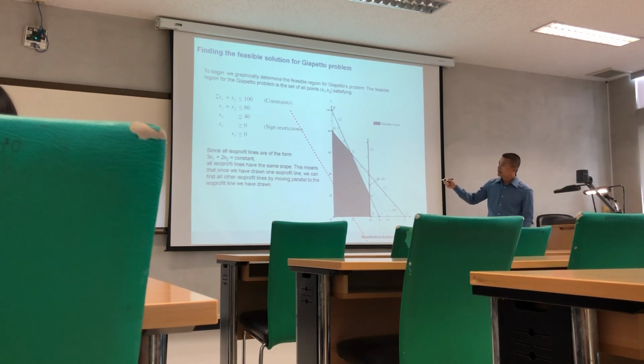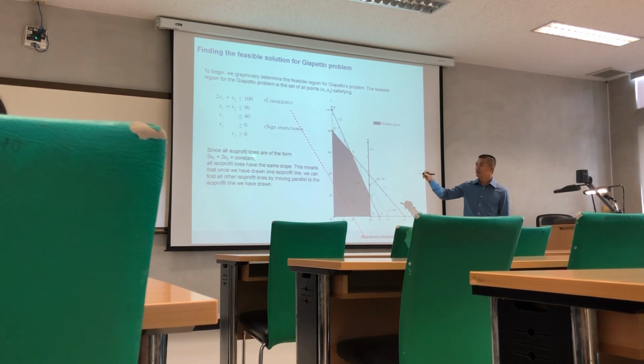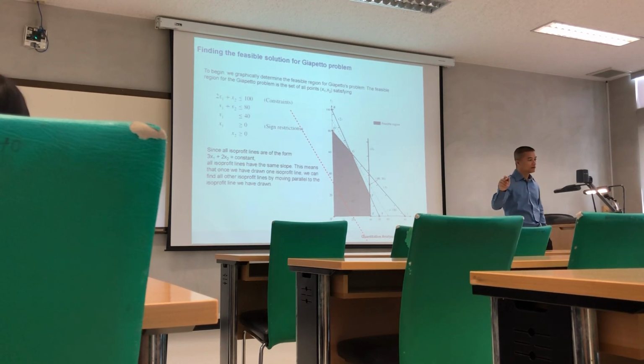So your goal is to draw the isoprofit lines. Your isoprofit lines have the same slope and give you the same profit.